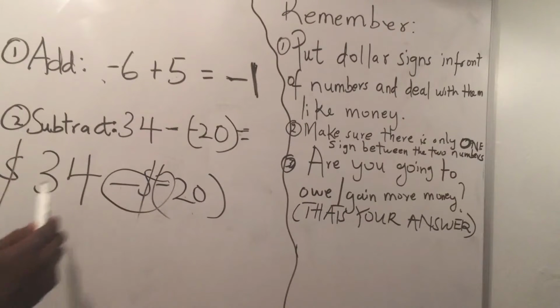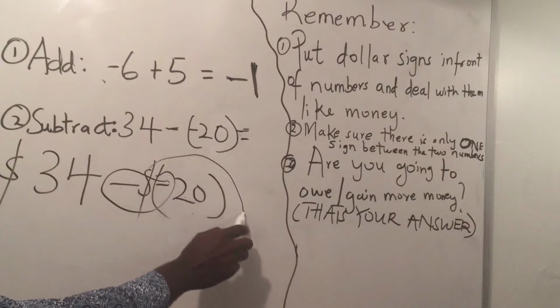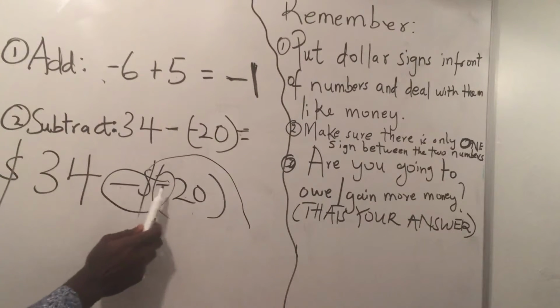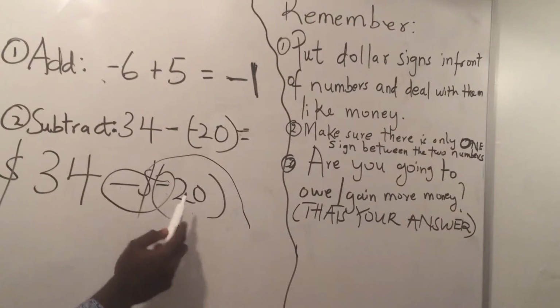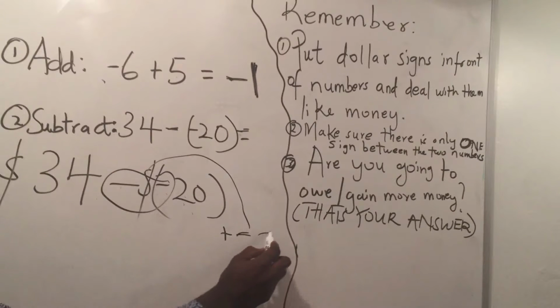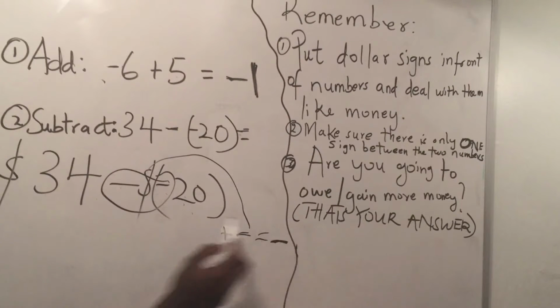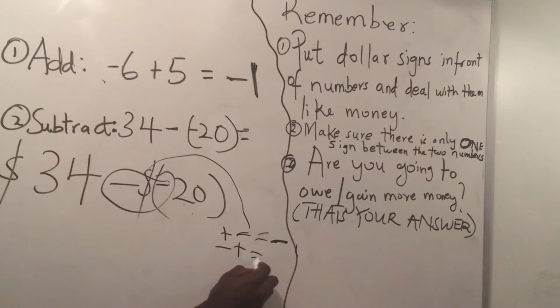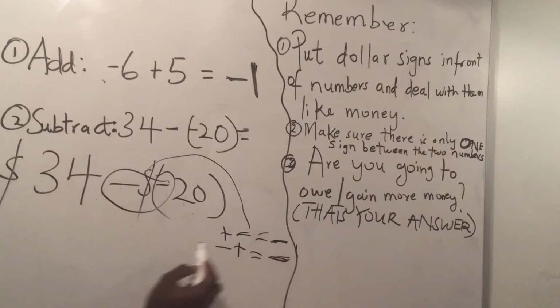That is when you have to remember the other rule, that whenever you have 2 signs between 2 numbers: when the signs are positive and negative, it will change to a negative, one sign. If it's a negative and a positive, it will change to a negative.